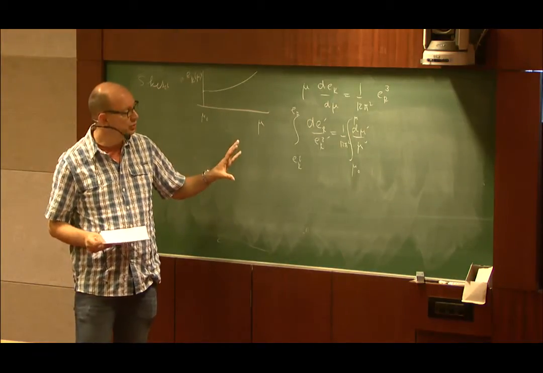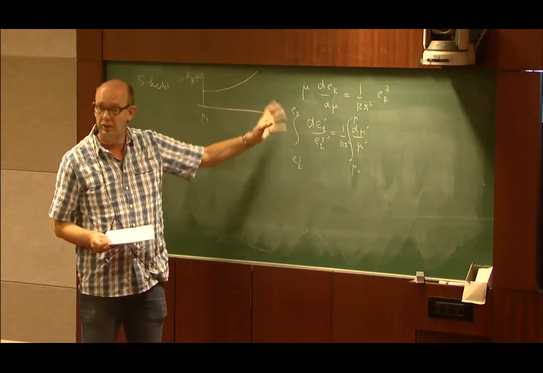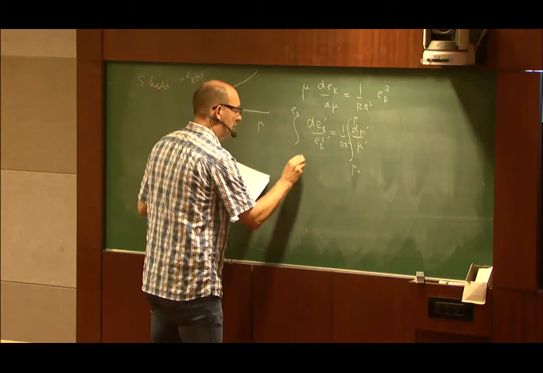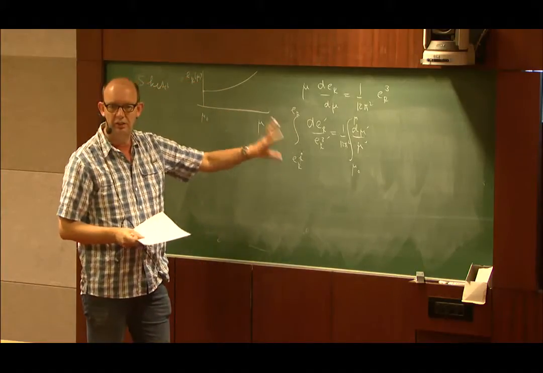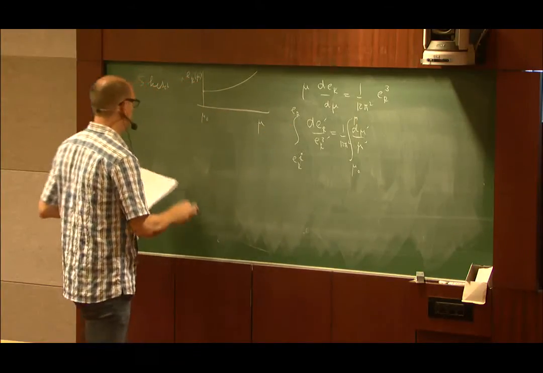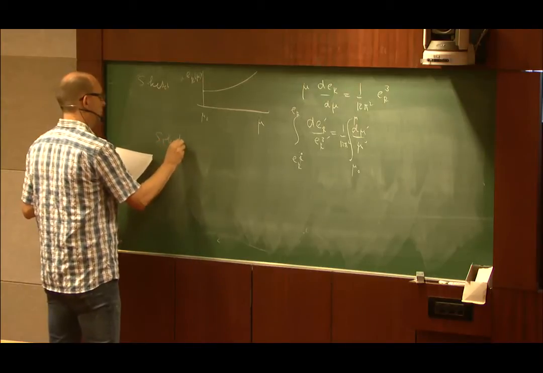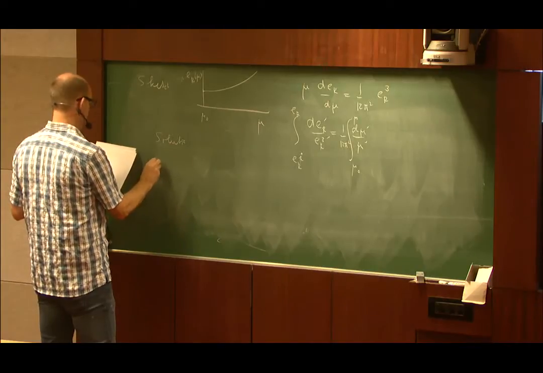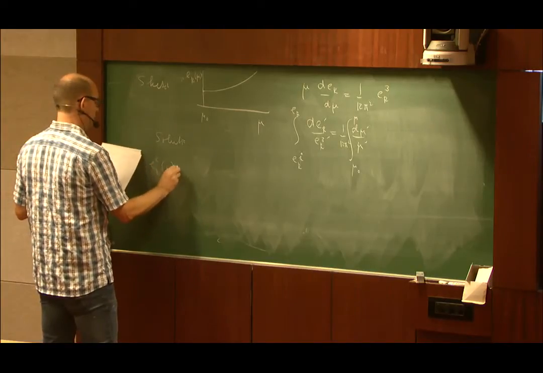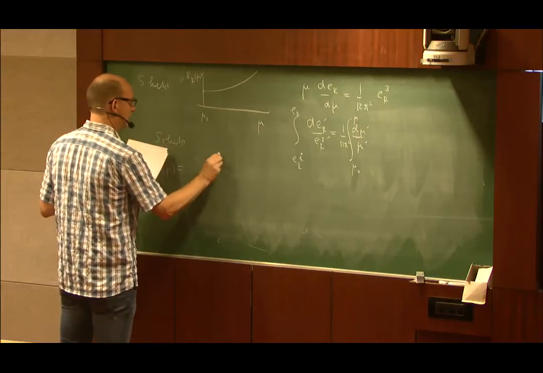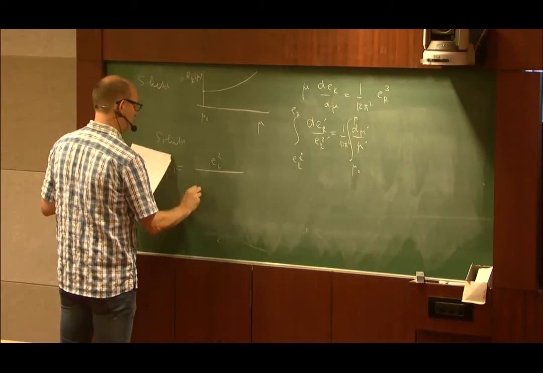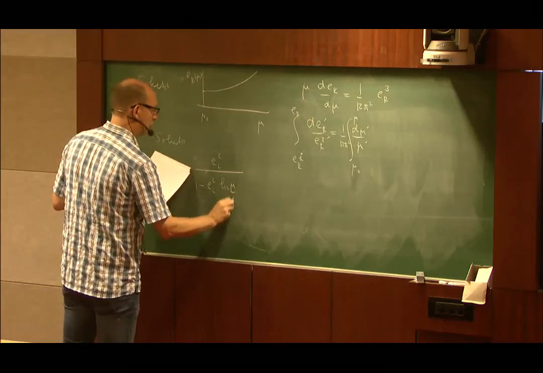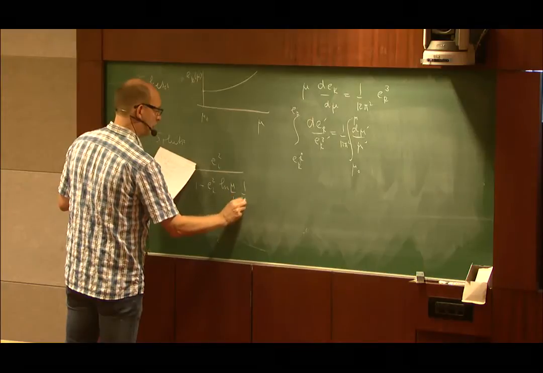So what you do is you do the integrals, you bring the initial one to the right and this one to the left, and the solution is that e_R squared of mu is equal to e_I squared divided by 1 minus e_I squared log mu over mu 0, 1 over 6 pi squared.